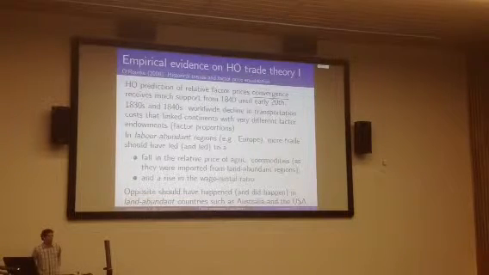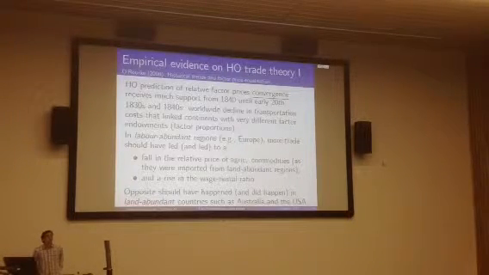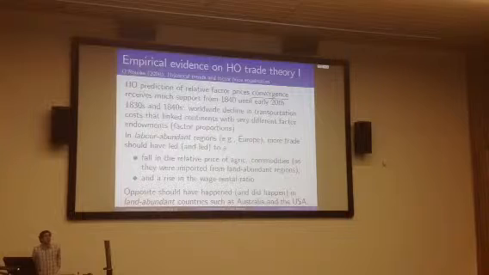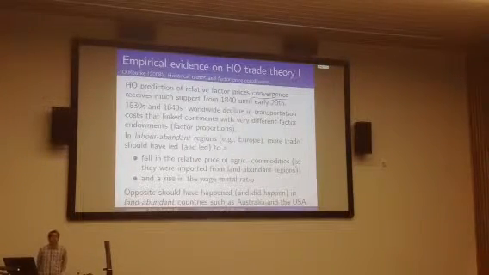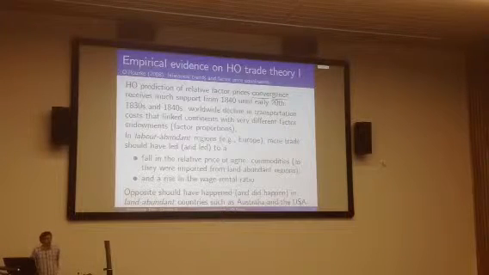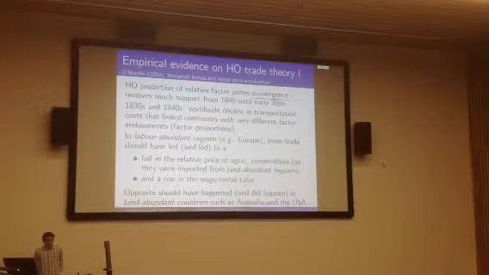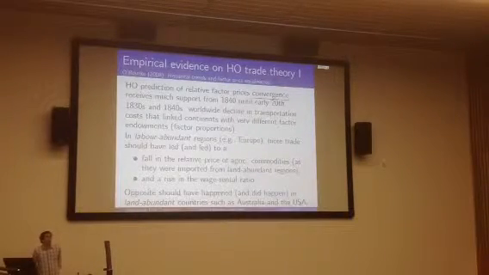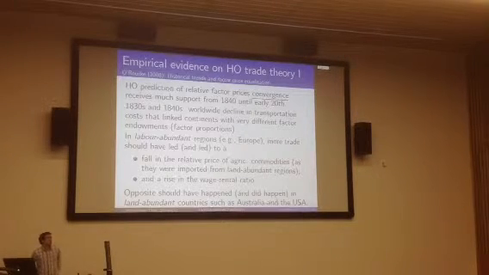So just to recap, this Heckscher-Ohlin model, this version of 2 by 2 by 2, predicts that countries that are similar in all respects, except that they have different endowments of the key factors of production, in our examples land and labour, will tend to have lower relative prices in the goods that use their relatively abundant factor more intensively.